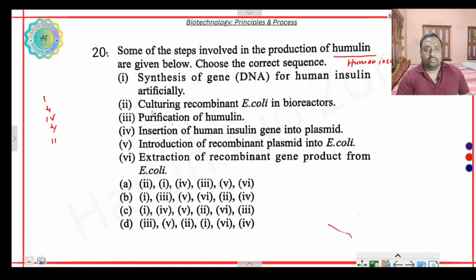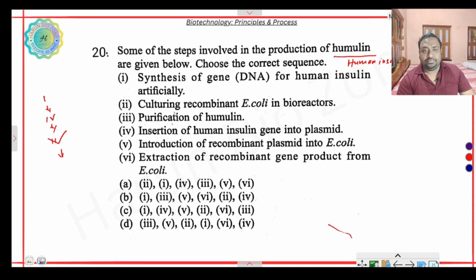Not culturing. First, synthesis of gene DNA for human insulin artificially. Next, insertion of the human insulin gene into the plasmid, 4. Then 5, introduction of the recombinant plasmid into the E. coli.